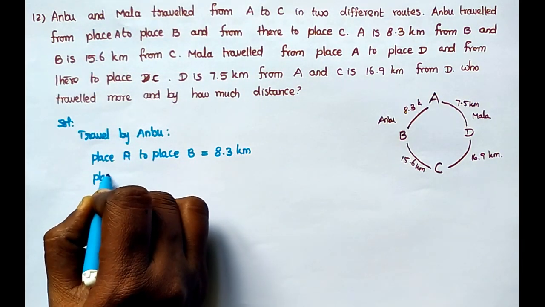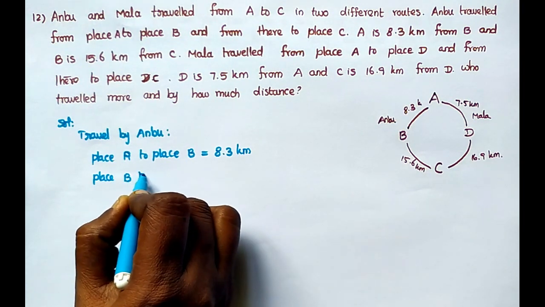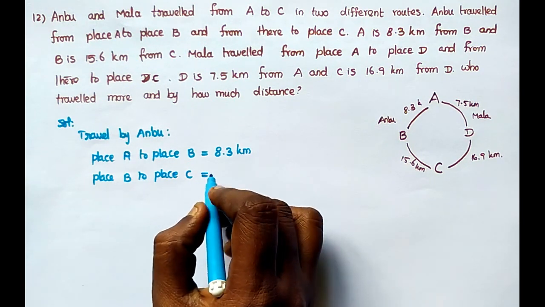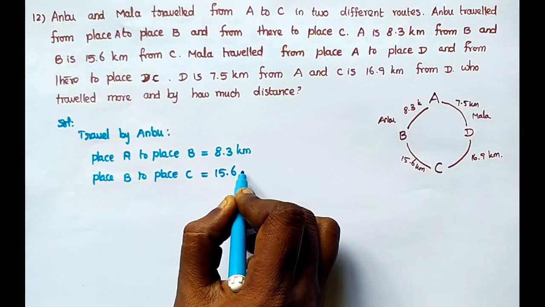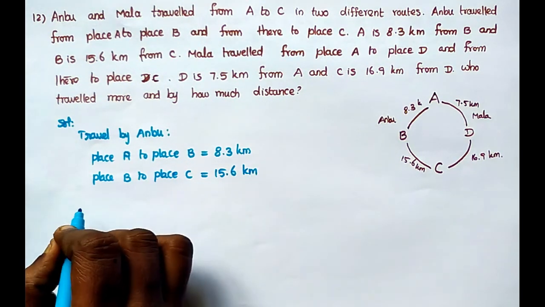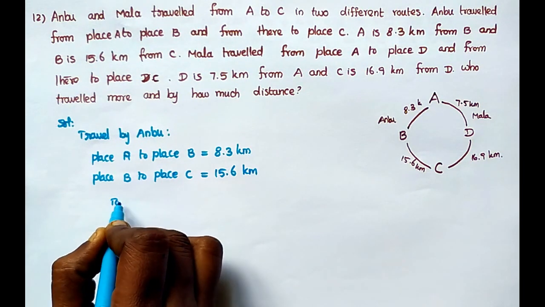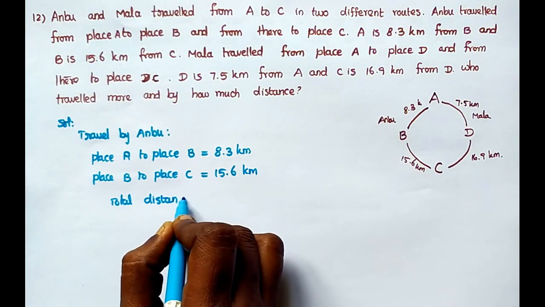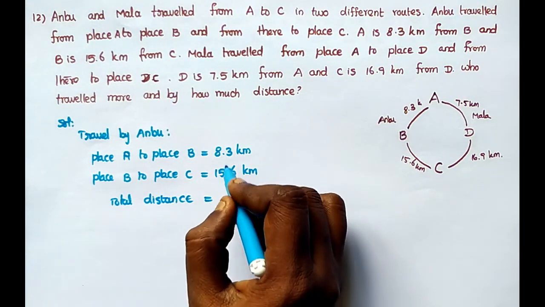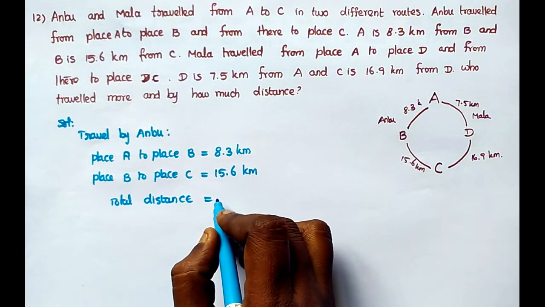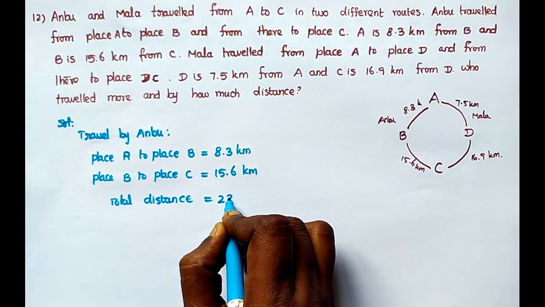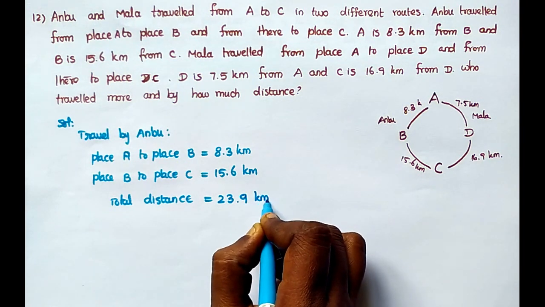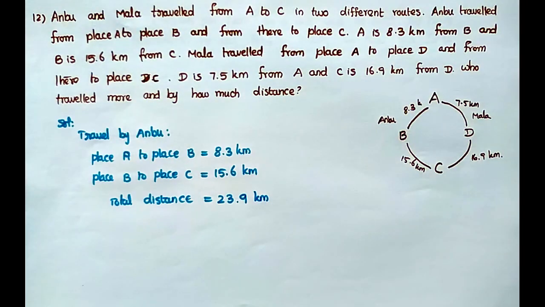And place B to place C equal to 15.6 km. So total distance travelled by Anbu means, add these two numbers, we get this result, that is 23.9 km, that is travelled by Anbu.